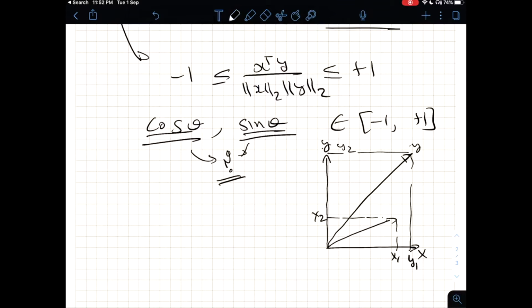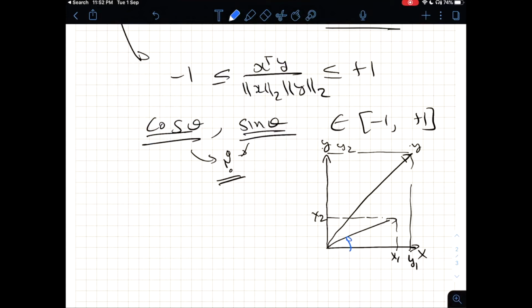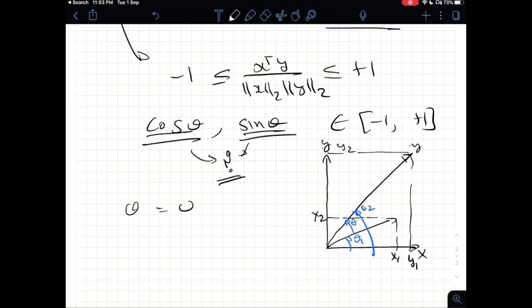Okay, so these are my coordinates, and the angle that the x vector makes is theta 1 with respect to the x-axis. This makes an angle of theta 2, and theta 2 minus theta 1 is theta. Okay, theta equals theta 2 minus theta 1.